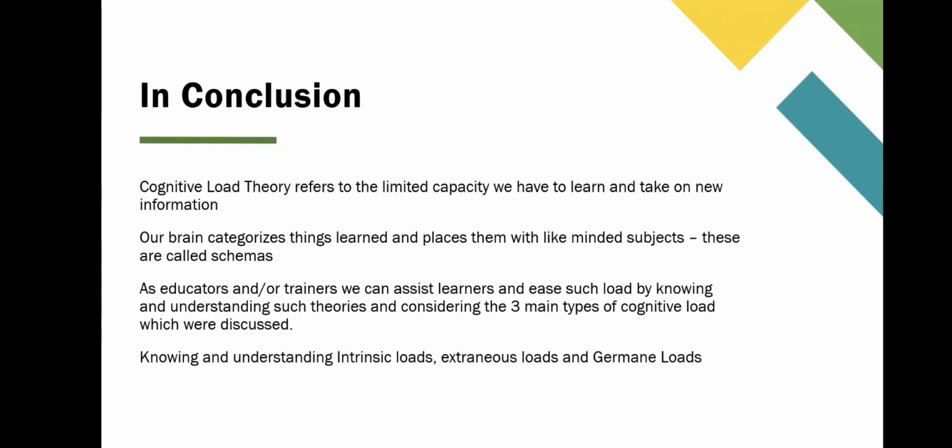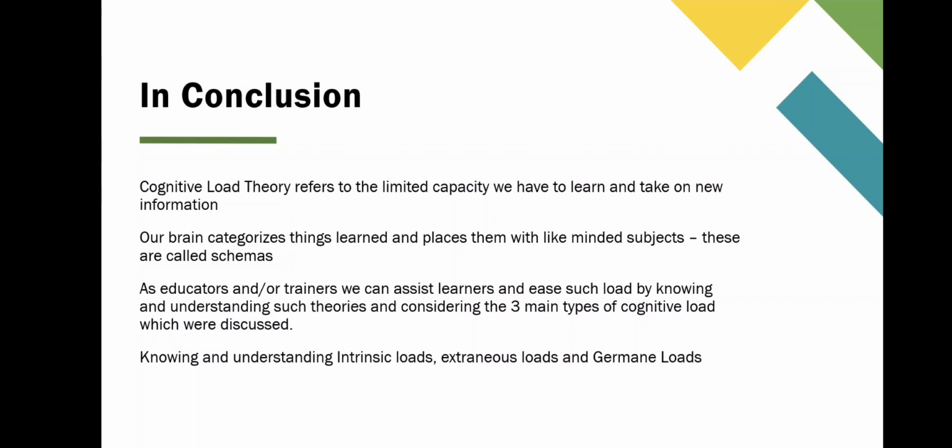In conclusion, cognitive load theory refers to the limited capacity we have as learners to take on new information. Our brain categorizes things and places them into like-minded subject areas, and as we discussed, these are called schemas.